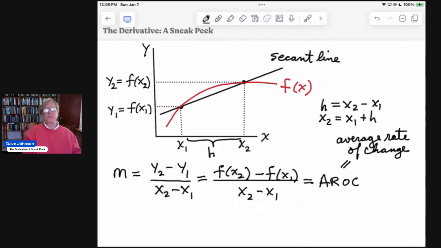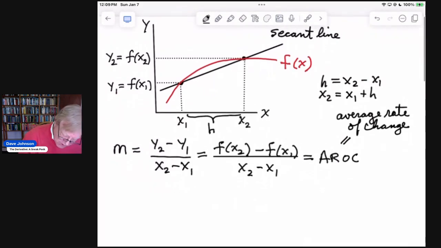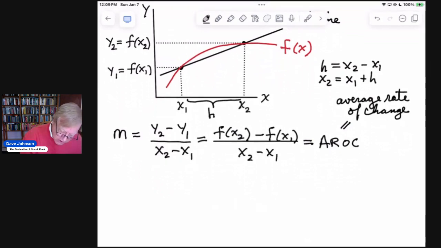Okay, nothing hard algebraically here. If you're following along, you haven't had any calculus yet, and yet, believe it or not, we are doing calculus. So let's go ahead and make these substitutions into our expression for the AROC, our average rate of change. The f of x2 gets replaced with f of x1 plus h.